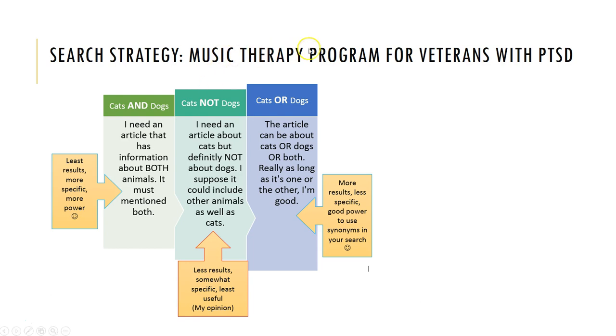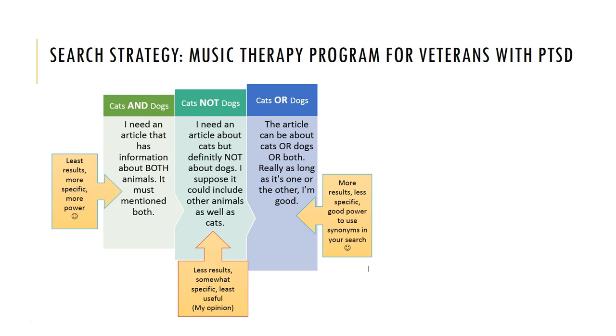The other good option is OR. OR gives you more results, and is how you pair synonyms together. So on this chart, I have cat OR dog. I don't care if the article includes one of these ideas or both. Also, cat OR feline OR kitten OR any synonym.